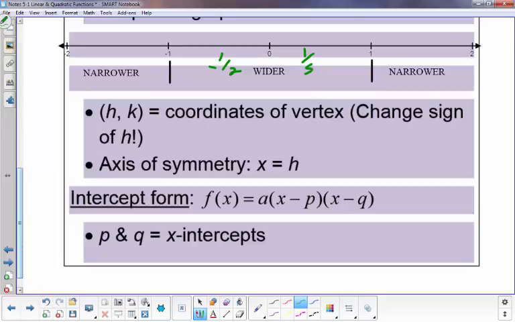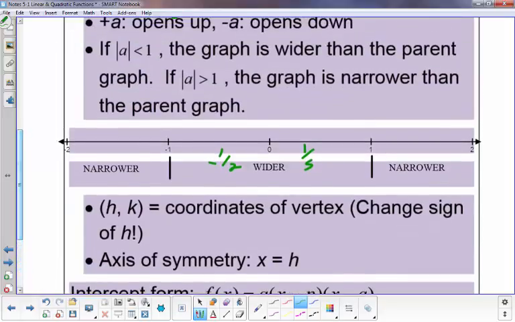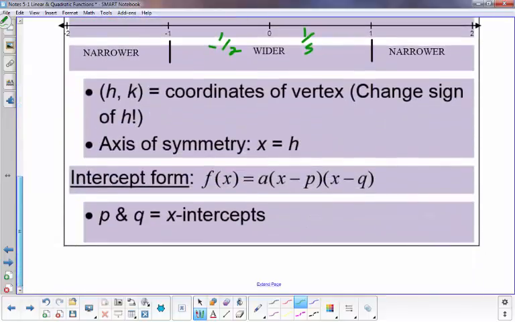And h and k are the coordinates of my vertex. Change the sign of h. Just make sure we do that. So if you look back in our equation, x minus h squared, remember h is the opposite when we're talking about it in coordinates.